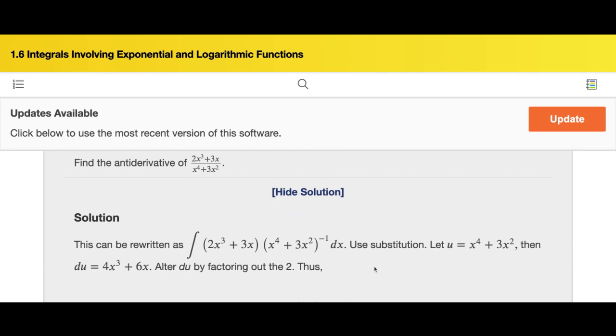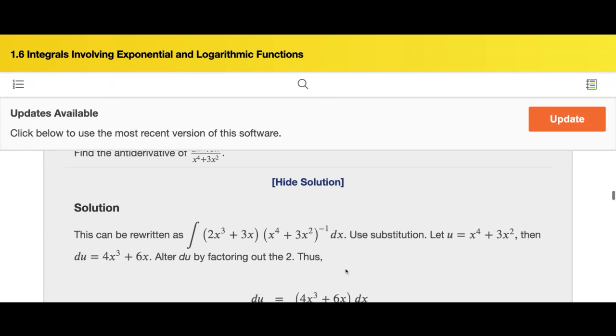Then the derivative of u is 4x cubed plus 6x, which is closely related to the numerator. It just doubles the numerator. The numerator is 2x cubed plus 3x, and du is 4x cubed plus 6x.